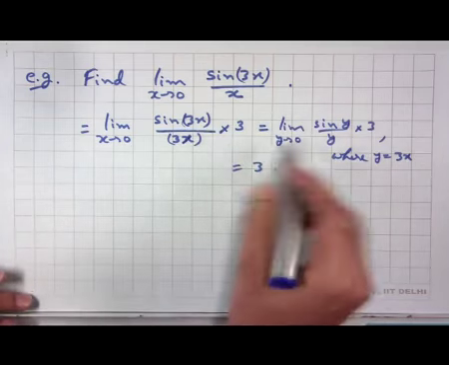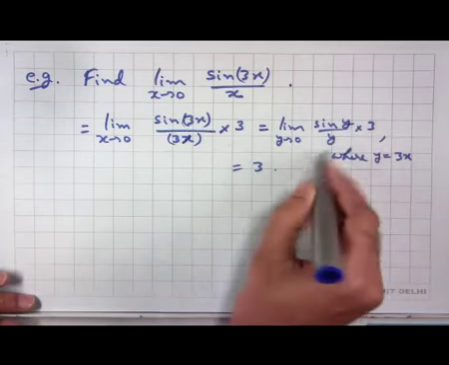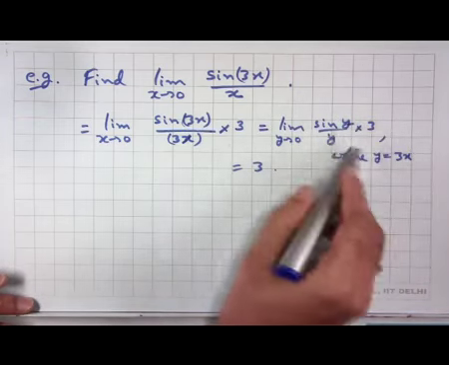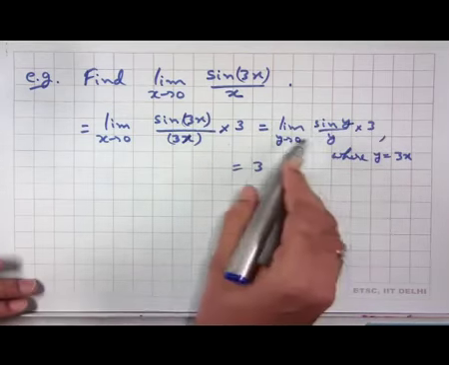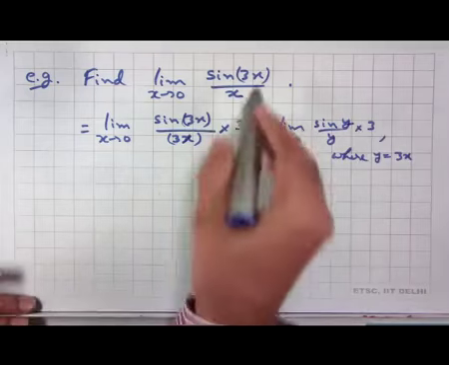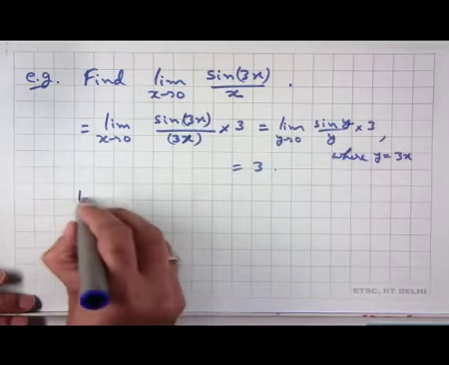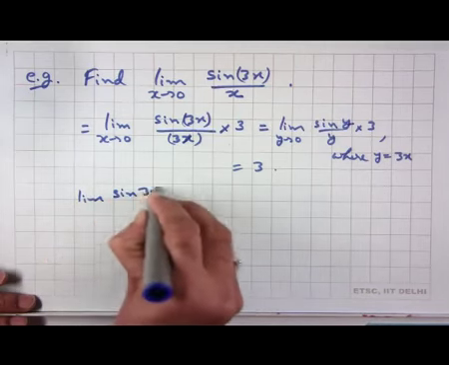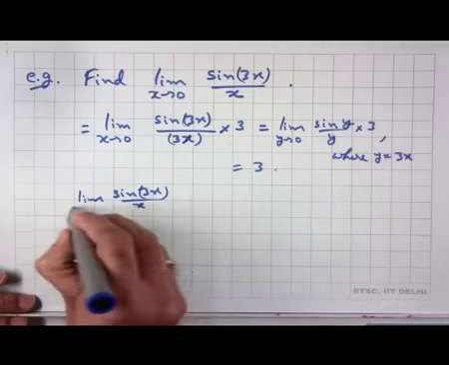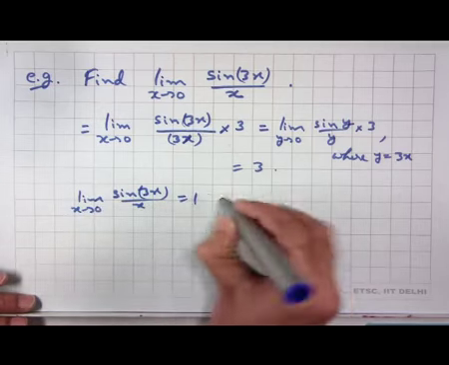So it is a good idea to change it into another variable y and then use the formula for sin y by y. At least in the beginning you should do it like this, to avoid the mistake that the limit of sin 3x by x as x goes to 0 is equal to 1. This is wrong.